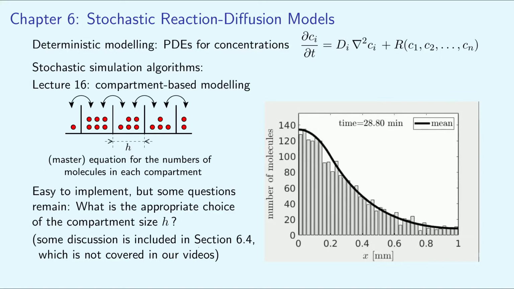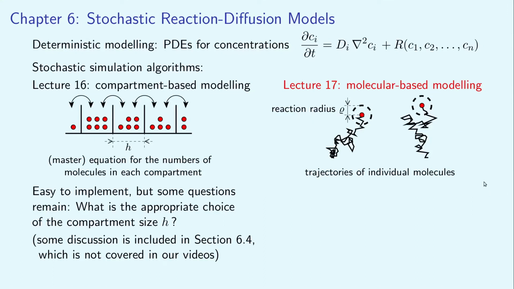But in our lectures, we will instead look at how we can reproduce this video using a molecular-based approach. The molecular-based modeling of reaction diffusion processes does not include any compartments. In this modeling framework, we instead calculate the trajectories of individual molecules.